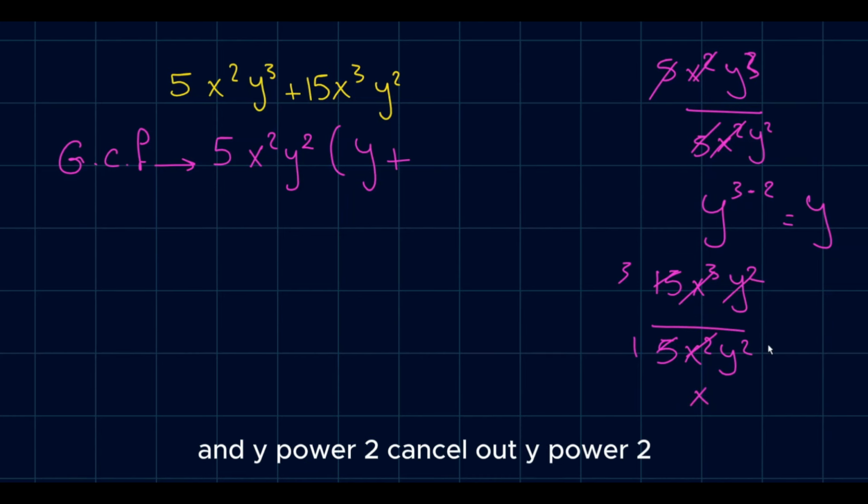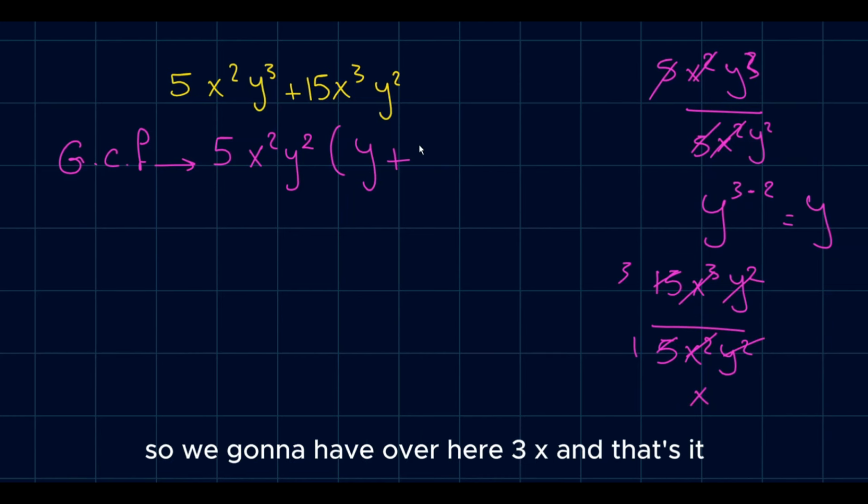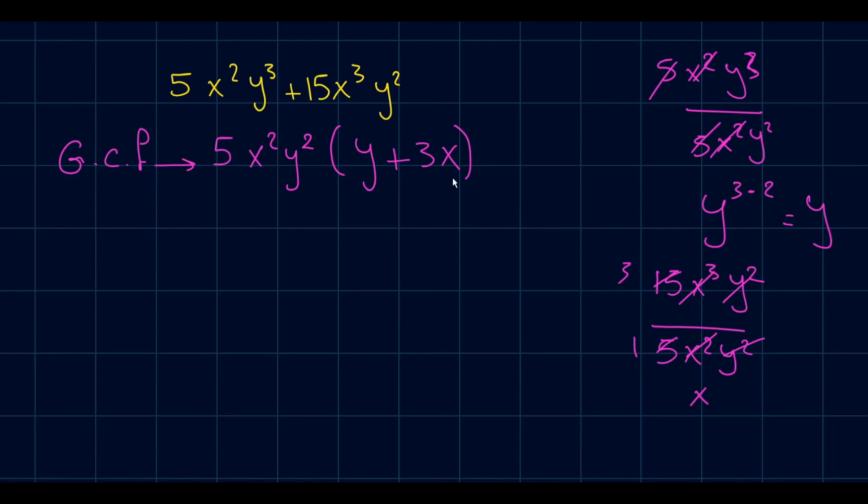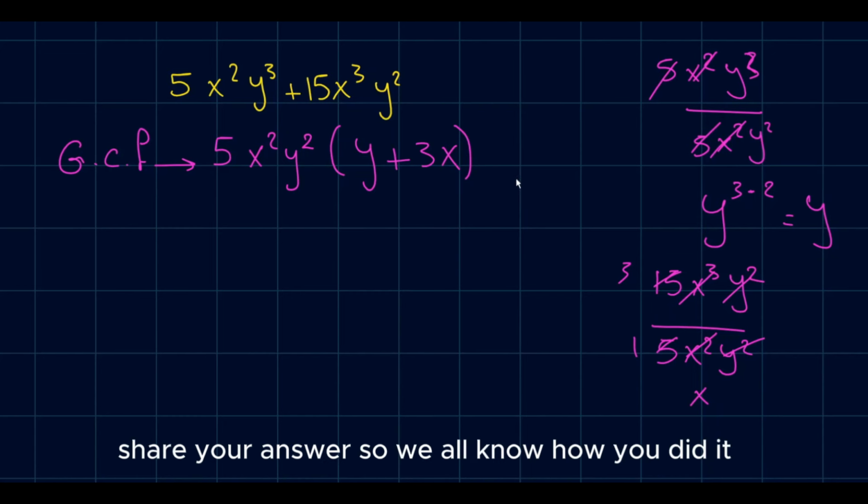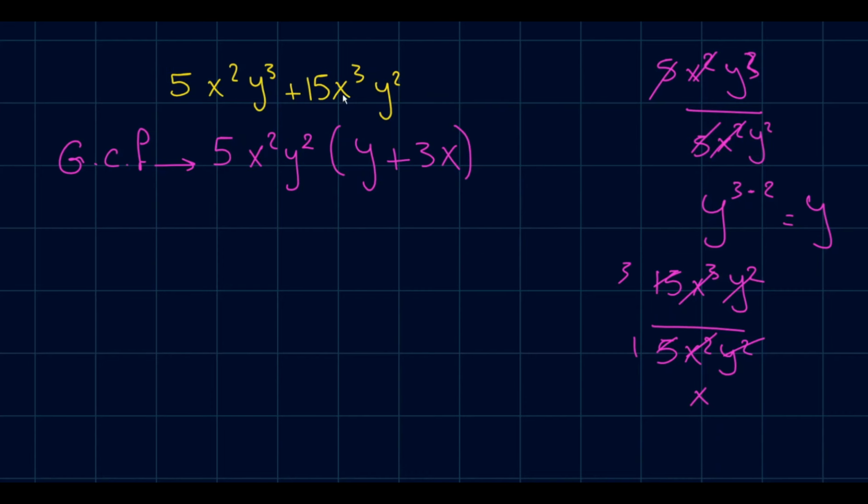And y power 2 cancels out y power 2, so we're gonna have over here 3x, and that's it. If you have this answer, very good job, and if you didn't, very good job for trying. Share your answer so we all know how you did it and we discuss your answer.